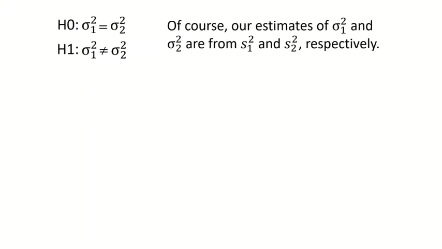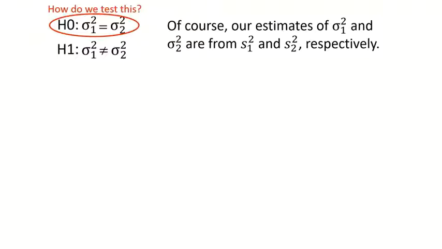So, how do we test if indeed two population variances are equal? Well, two things might come to mind. First, why not get the differences between them? The lesser the difference between them, the more equal they are.